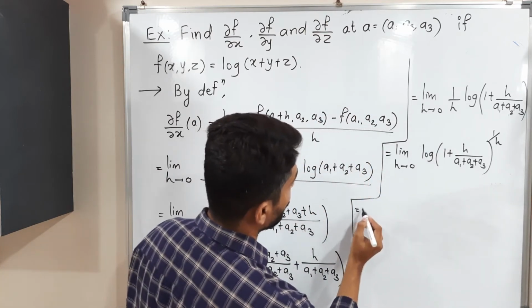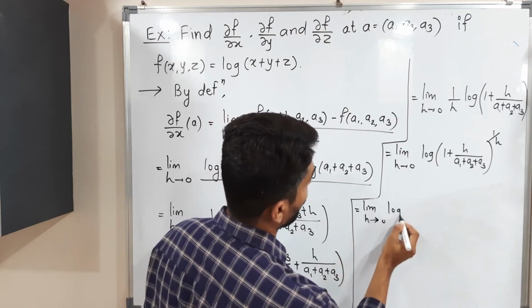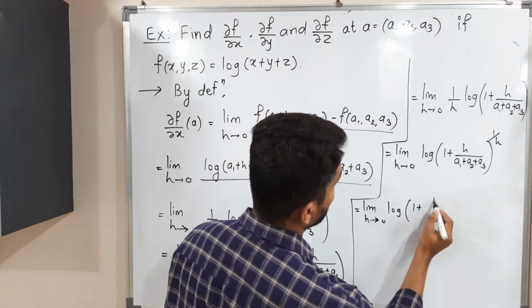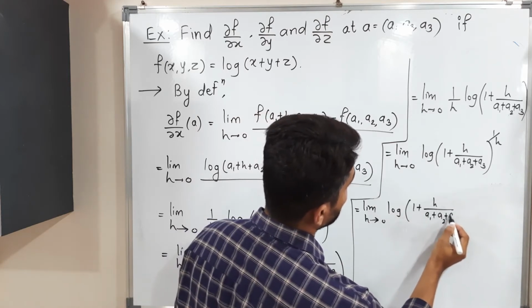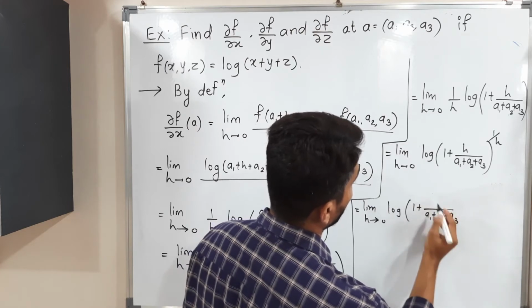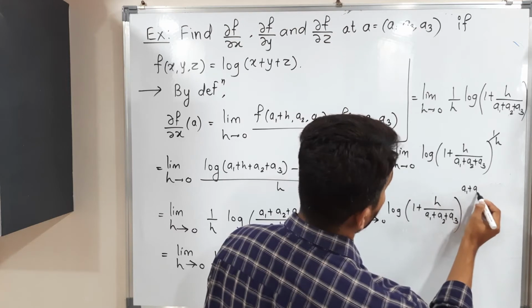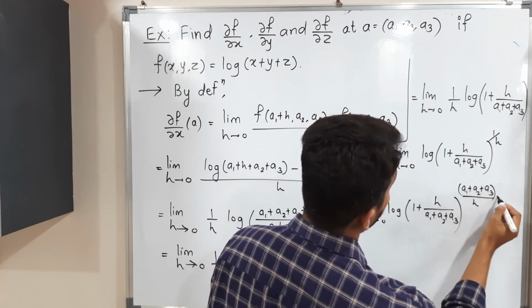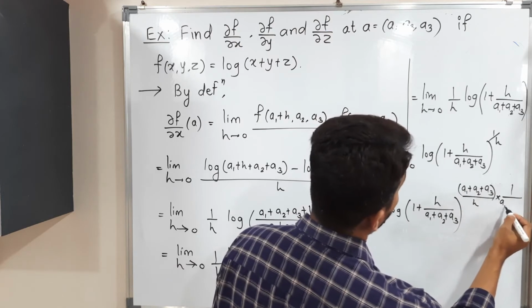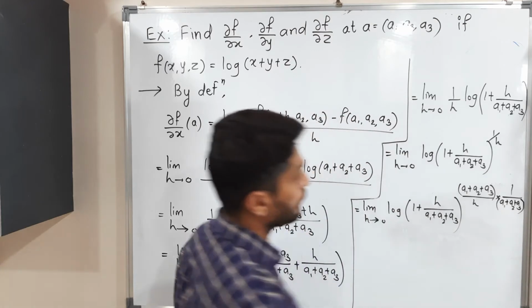So this is equal to limit h tends to 0 of log of (1 + h(a1 + a2 + a3)) raised to (a1 + a2 + a3)/h into 1 upon (a1 + a2 + a3). I hope all of you understood.